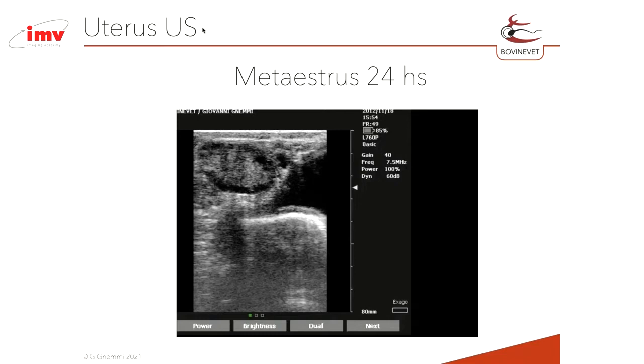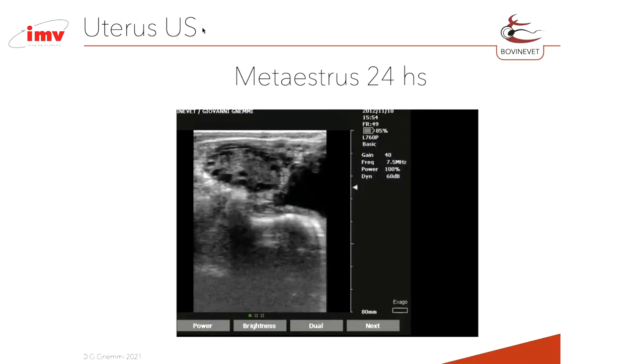Remember also that there is a difference in echogenicity between myometrium and endometrium, because the contracted myometrium increases the echodensity, so it reflects a lot of the ultrasound, appearing echogenic, while the endometrium is thicker because we have a vasodilatation. So the blood vessels have an increased quantity of blood, and the blood is a fluid. So the fluid absorbs a lot of the ultrasound. For this reason, the thicker endometrium will appear hypoechogenic.